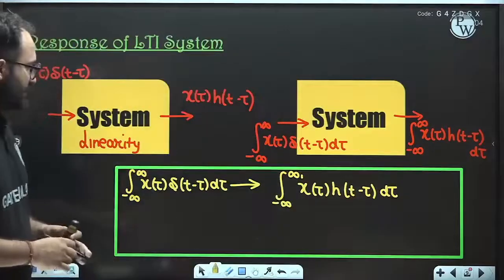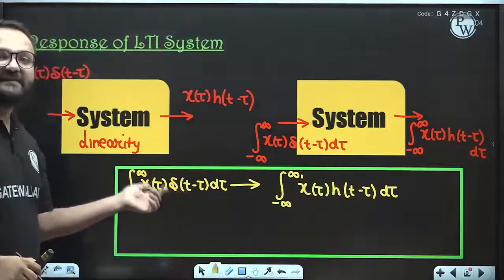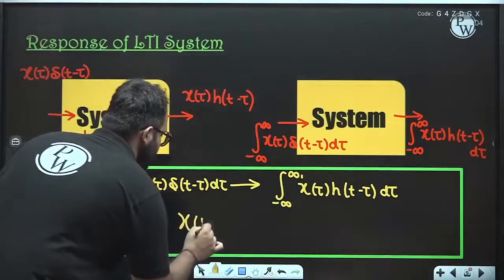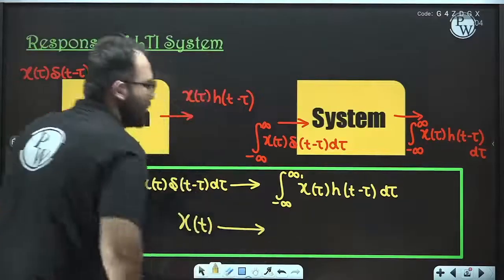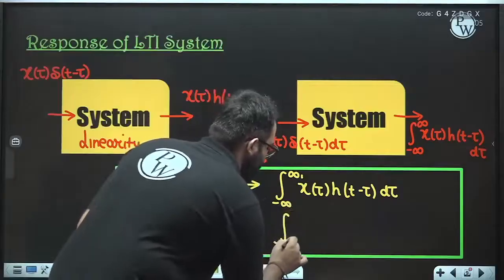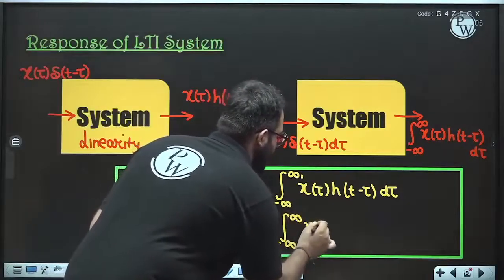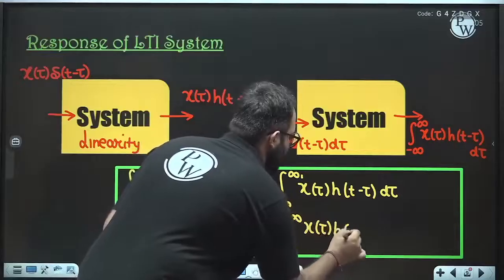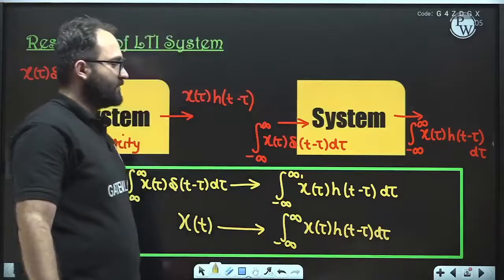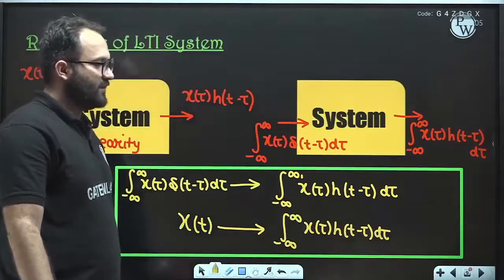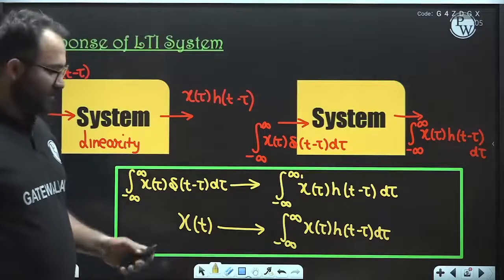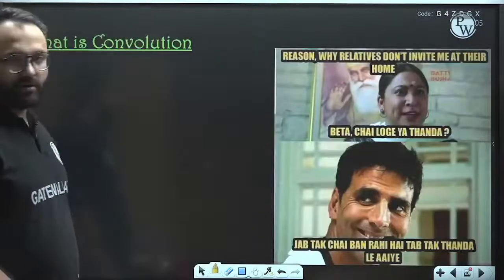So we can see that this input is x(t) only. So we can say that when x(t) is applied as the input, the response that we get from the system is the integral from minus infinity to infinity of x(tau) h(t minus tau) d tau. So this is the final result, that is very important.